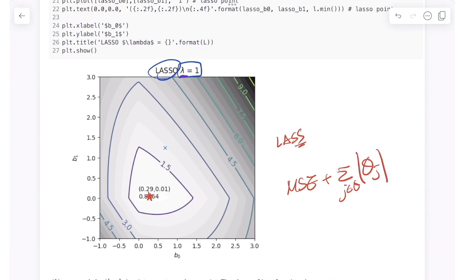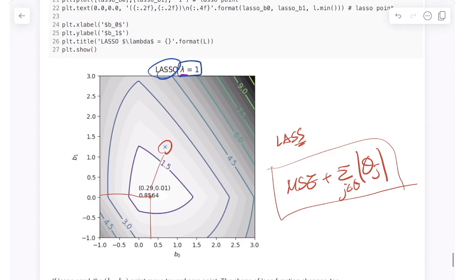So that is the absolute value, and we can see that the entire value right here moves to this data point. Originally the lowest MSE point would be here, but if we change the cost function and the shape changes, you can see that the contour line changes, right?